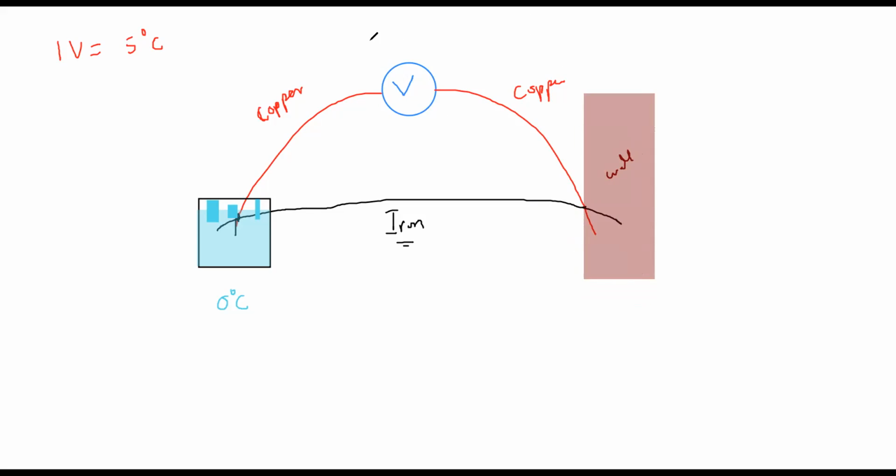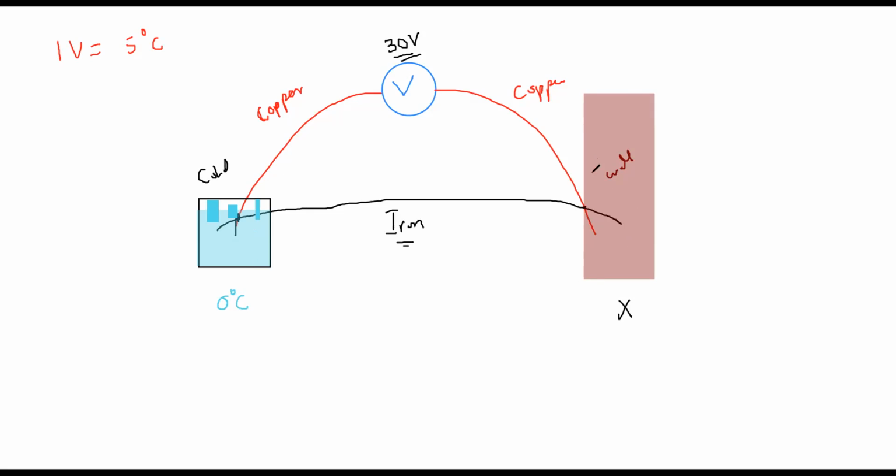And when I connect this, it records 30 volts. So what is the temperature? Where we place the ice, that's the cold junction, and where the unknown substance X is, that's the hot junction.